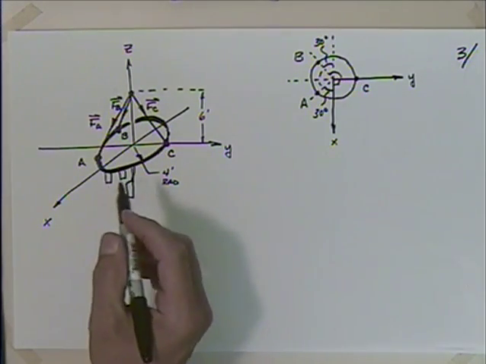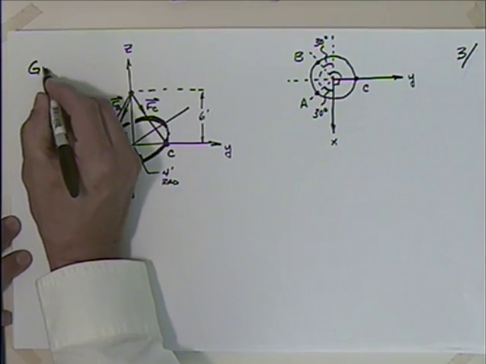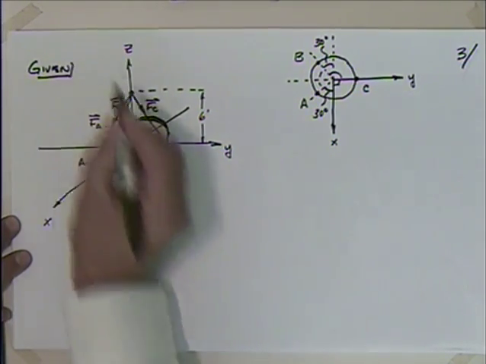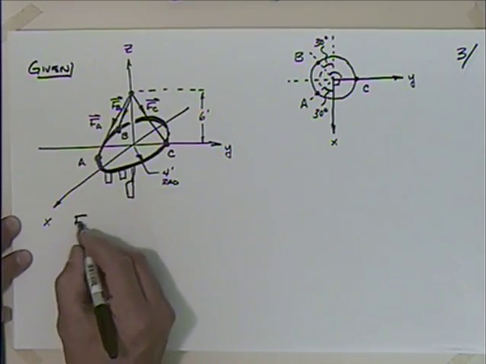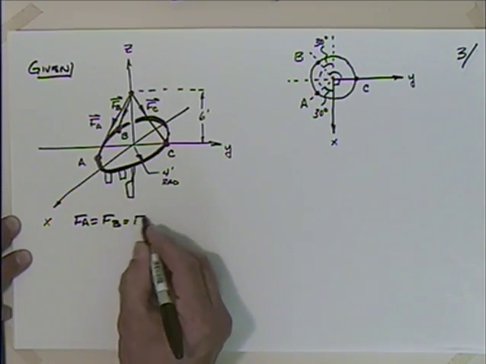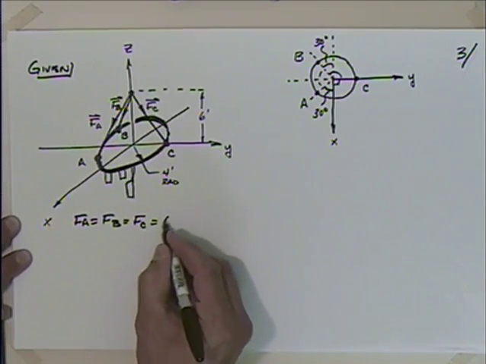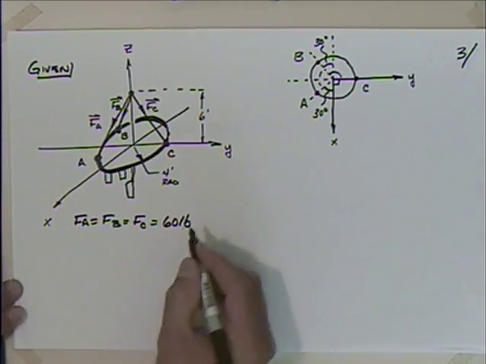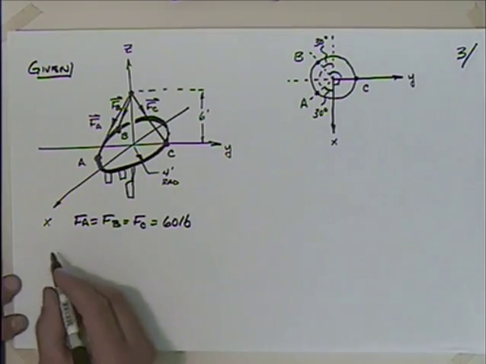So given this, and the fact that the magnitude of force A is equal to the magnitude of force B is equal to the magnitude of force C, all 60 pounds, we'd like to find each vector.